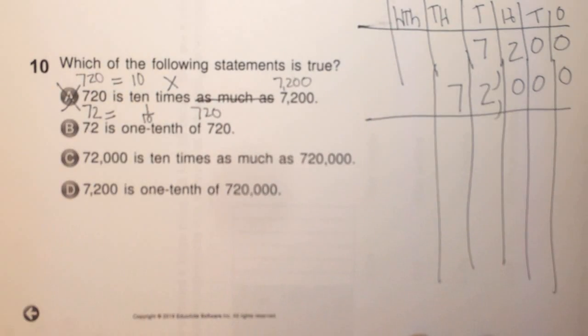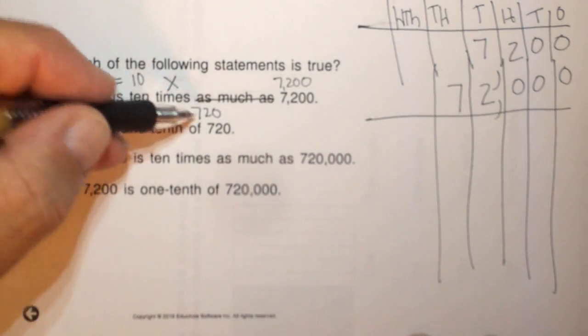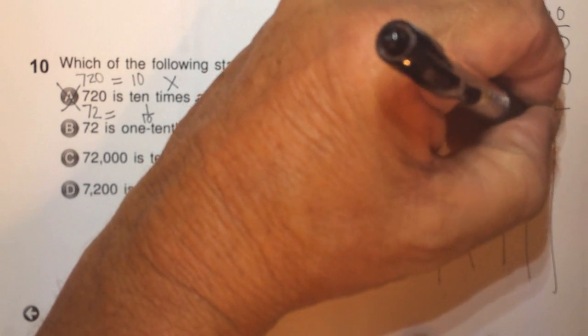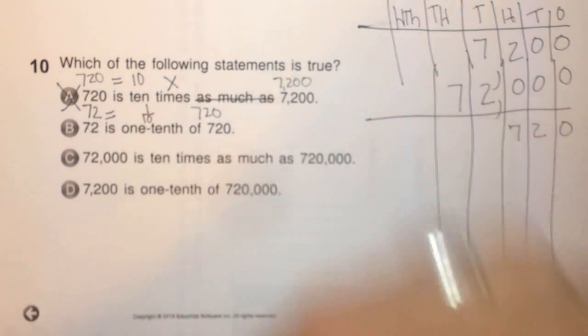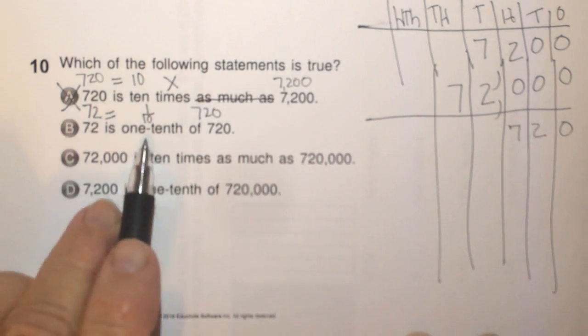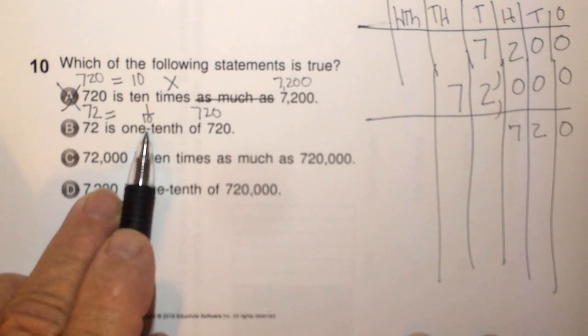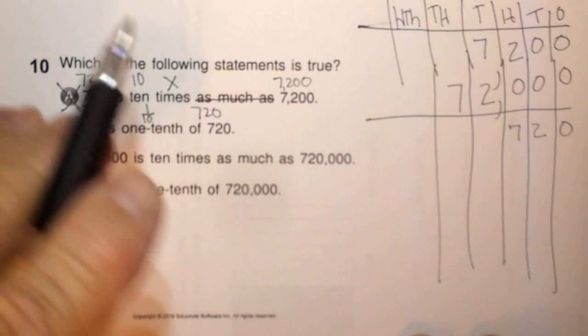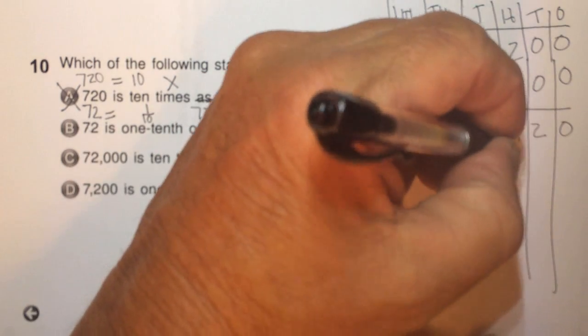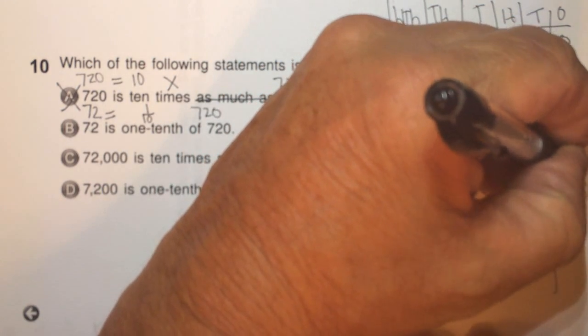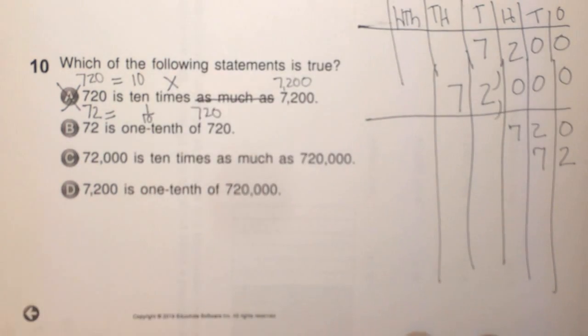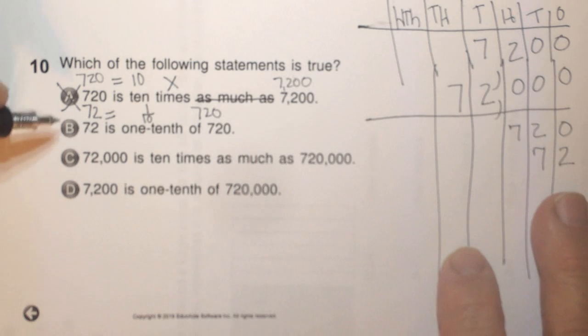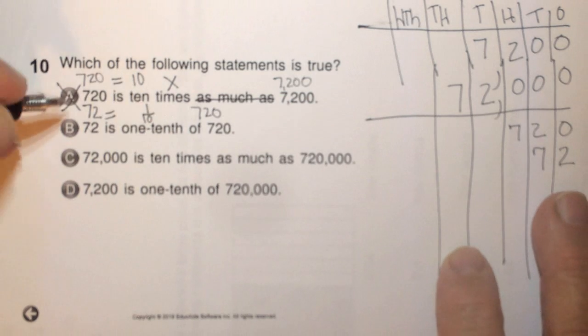Create a new problem. So I say 720, 700s, 2 10s, and no 1s. And I'm taking 1/10 of it. When we do 1/10, we're moving everything one place value to the right to make it smaller, which means 720 becomes 72. So B is in effect a true statement.